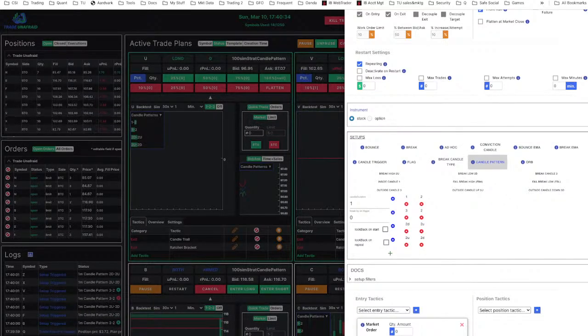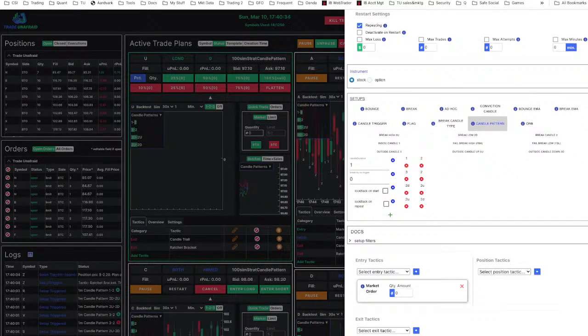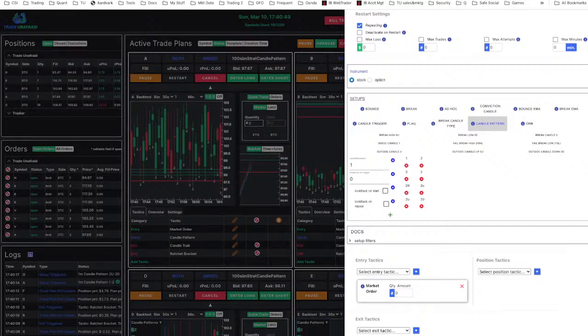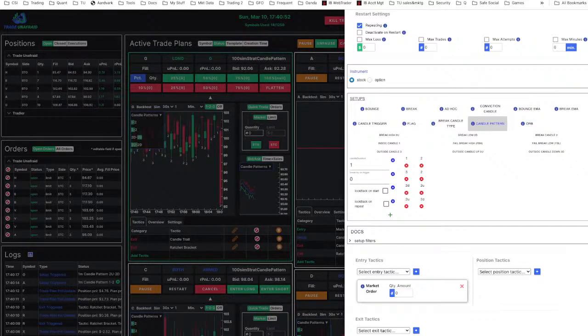Now, we have a number of different setups that we can trade automatically, and I will add that you can also trigger from TradingView. So TradingView can actually be the source of your setup, and you can use whatever indicators you want in TradingView.